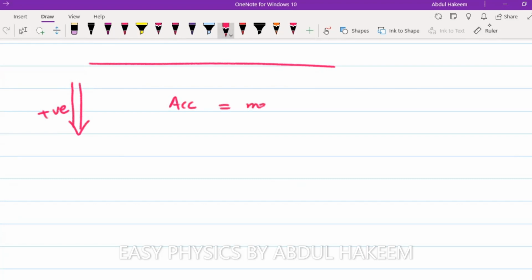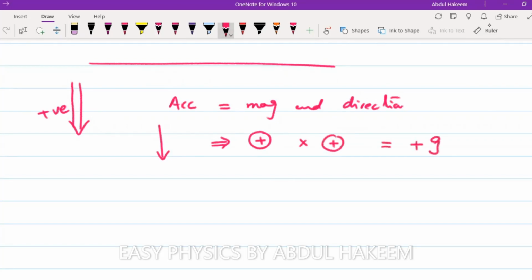Acceleration has magnitude and direction. So magnitude depends on the velocity. Velocity downward increases, and the direction downward given is positive. So downward, this acceleration is positive.